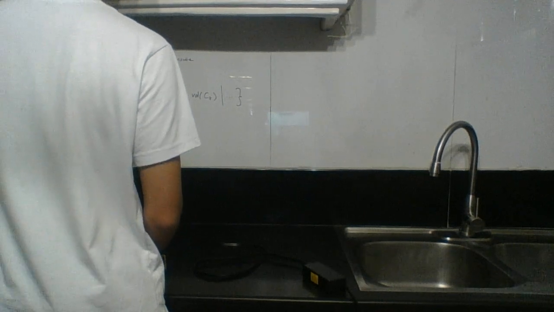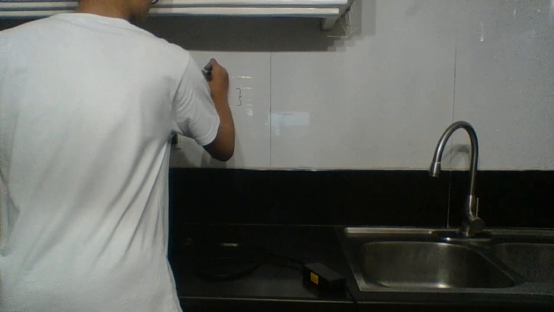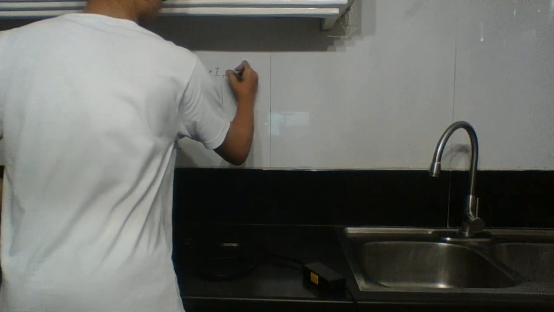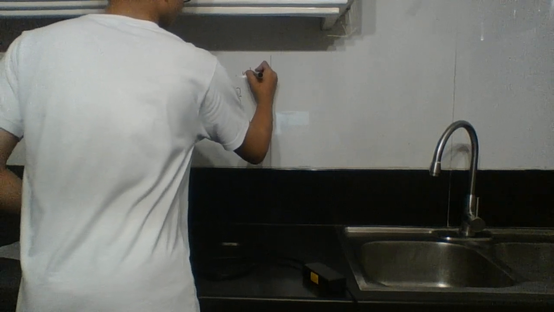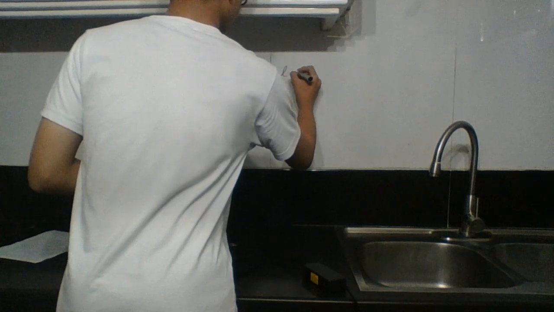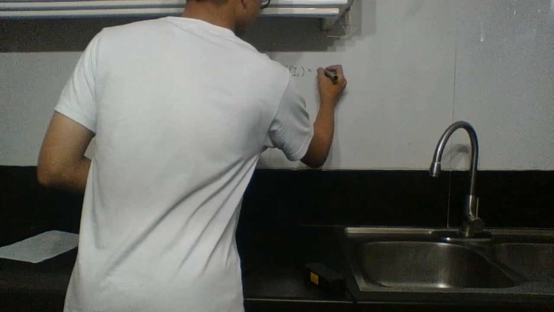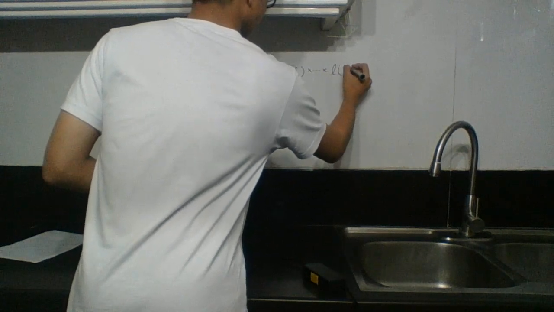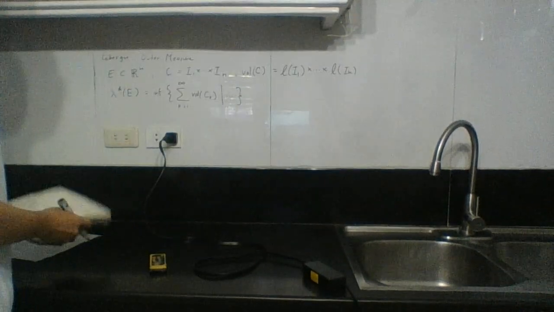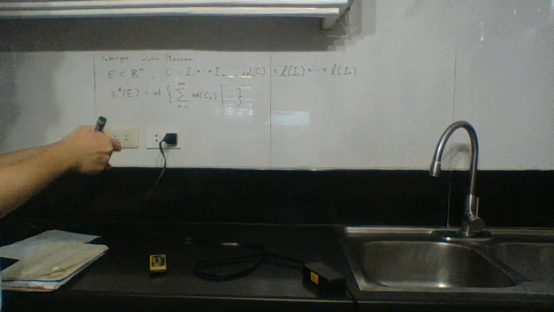This is an indexed amount of them. So it's a product of open intervals: I_1 cross dot dot dot cross I_n, and then the volume of C gives me the product of the lengths, and then all the stuff that follows from there.